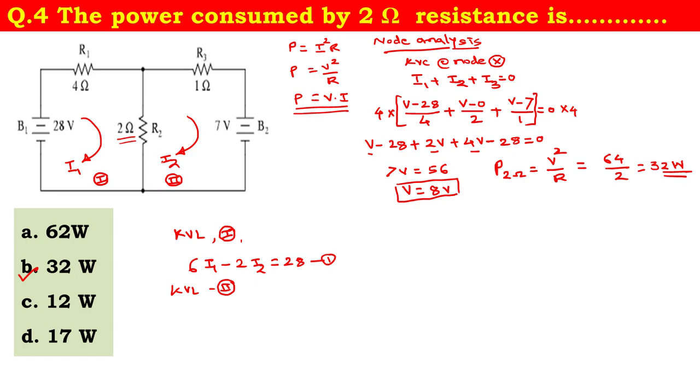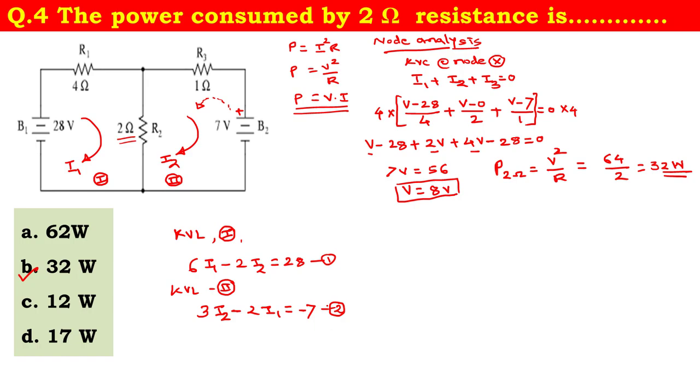Here the self resistance is 2 plus 1, which is 3I2 drop, minus mutual resistance 2 times the current I1, that is equal to, now this battery is forcing the current in this direction, whereas the loop current is in the opposite direction. So here you have minus 7.